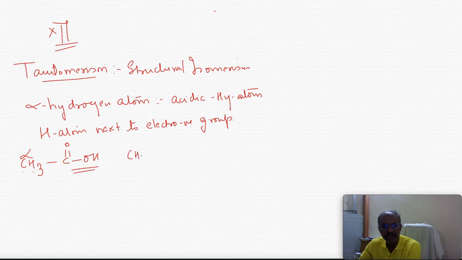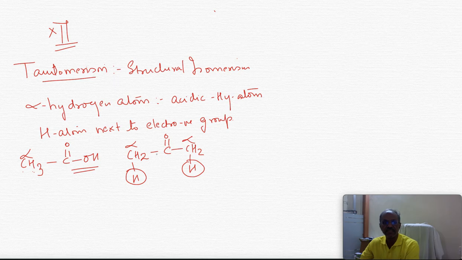Similarly, take for example a ketone, CH3 C double bond O CH3. This hydrogen is also an alpha hydrogen atom, and similarly these hydrogens are also alpha hydrogen atoms.